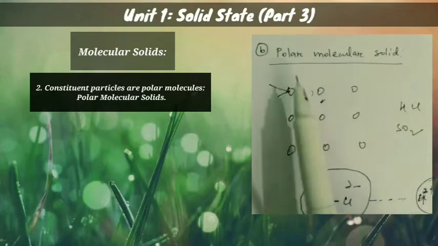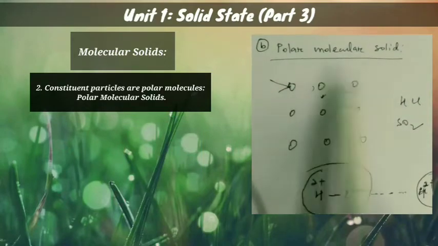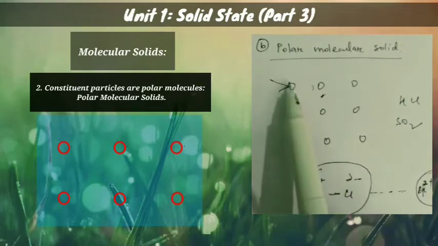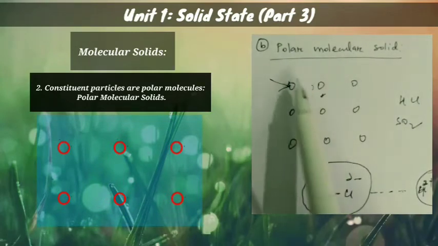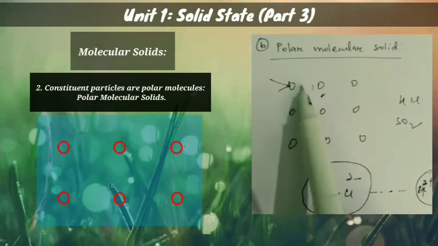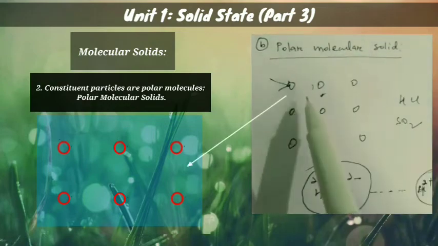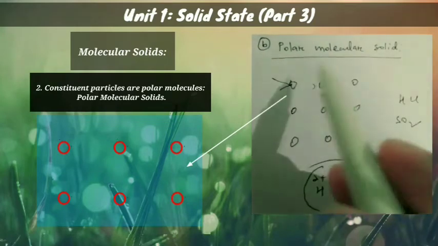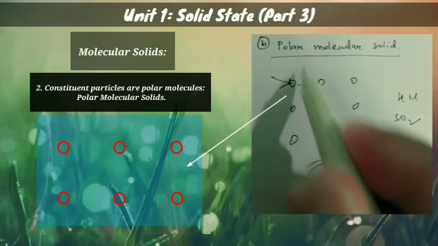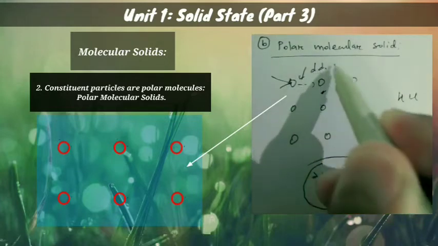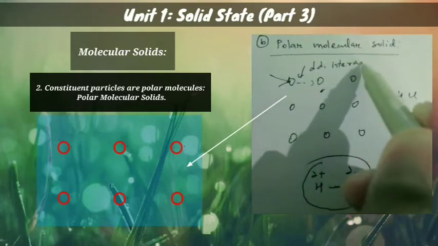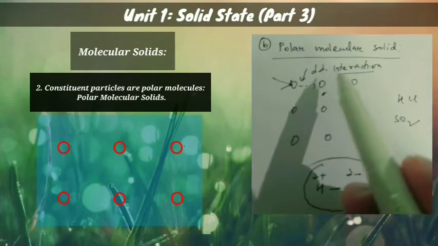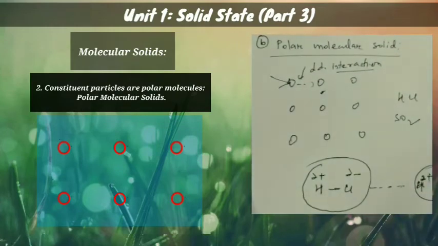We know that the physical properties of a solid depend upon the intermolecular force of attraction between the constituent molecules. In polar molecular solids, the intermolecular force of attraction is dipole interaction, which is slightly higher than the London force of interaction.